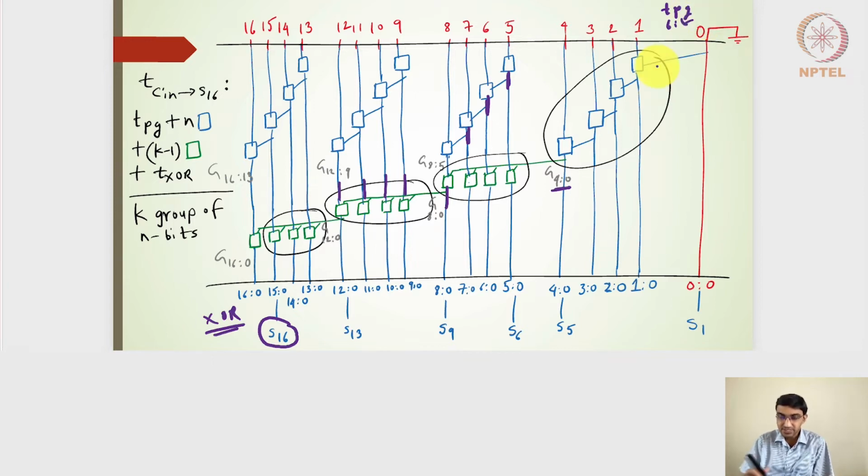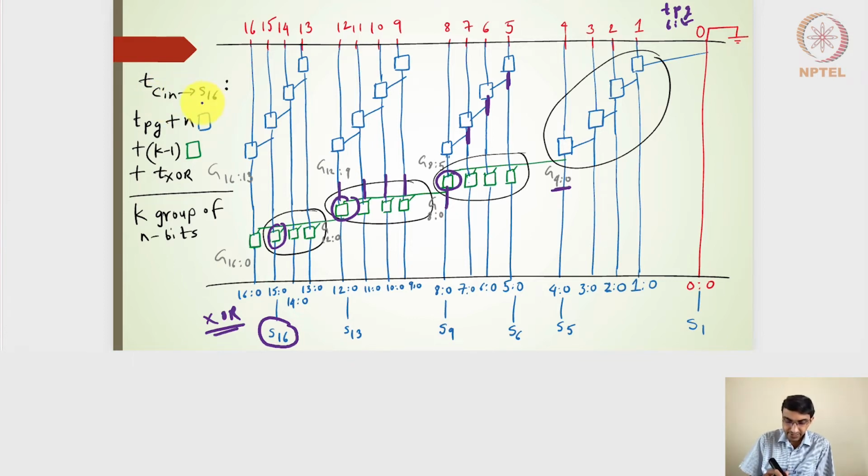In the middle stage, we will have the AND and OR block delays, then this block delay, and this block delay, and this block delay. So overall, we have the delay from Cin, or the inputs whenever they are made available. Instead of Cin, it can also be A1 to A16 or B1 to B16.